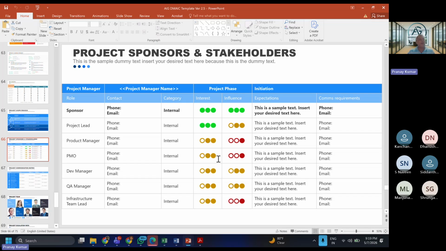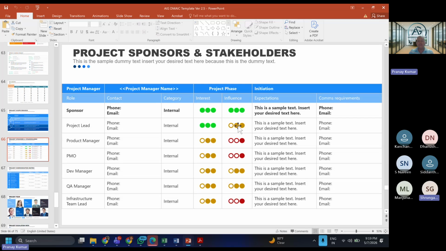Would you not want to map who your stakeholders are and what their level of interest and influence on your initiative is? Someone who has a lot of influence must be interested. So plot those two pieces of information here, use your color indicators and map it.